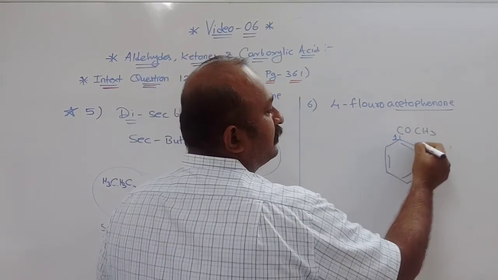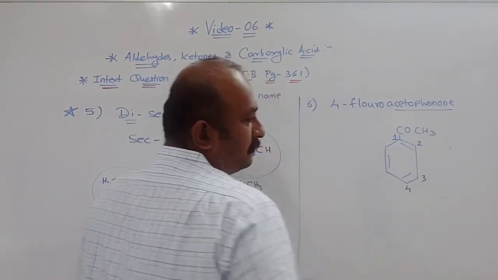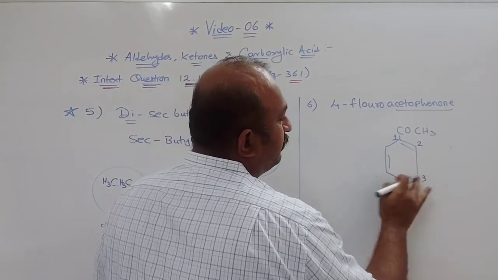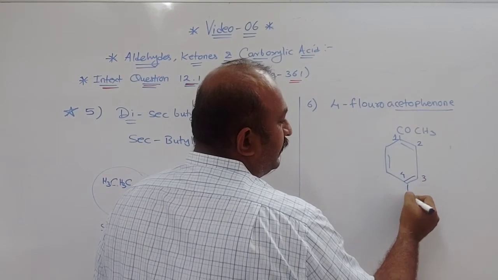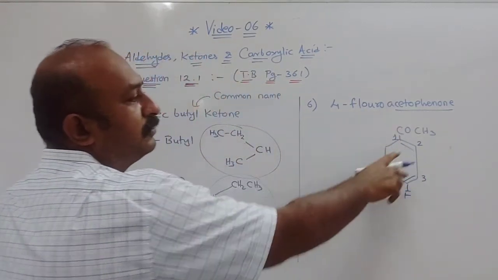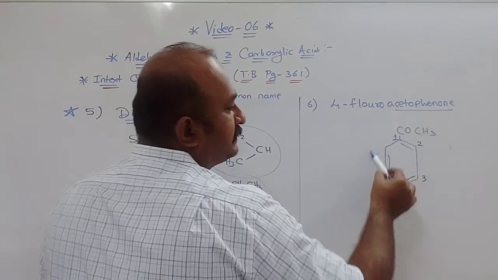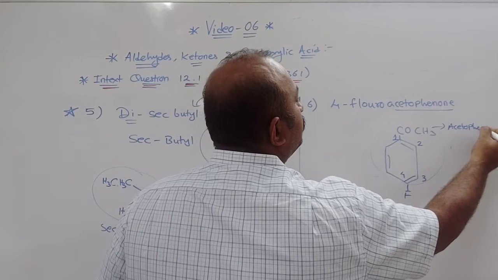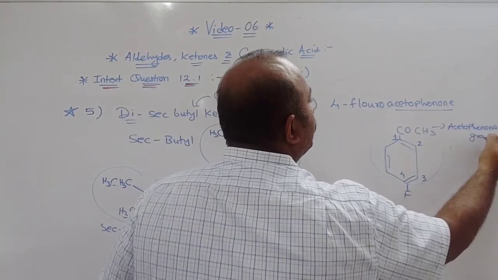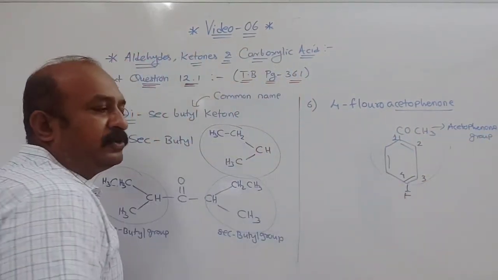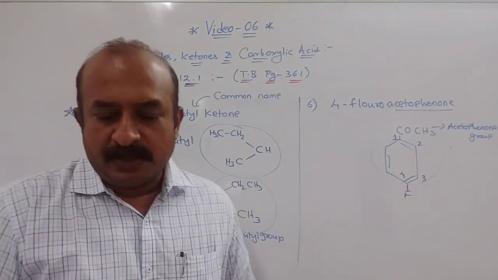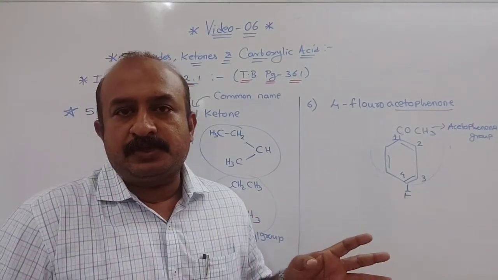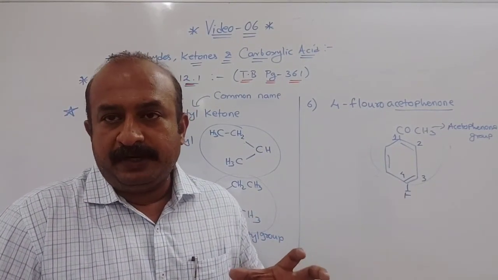So this carbon is number 1, 2, 3 and 4. If we see here, that fourth position is your fourth carbon, and on the fourth carbon fluorine will be there. So that's why fluoroacetophenol. This is your acetophenol group, and on that fourth carbon fluorine is there. So here we come to an end of in-text question 12.1.